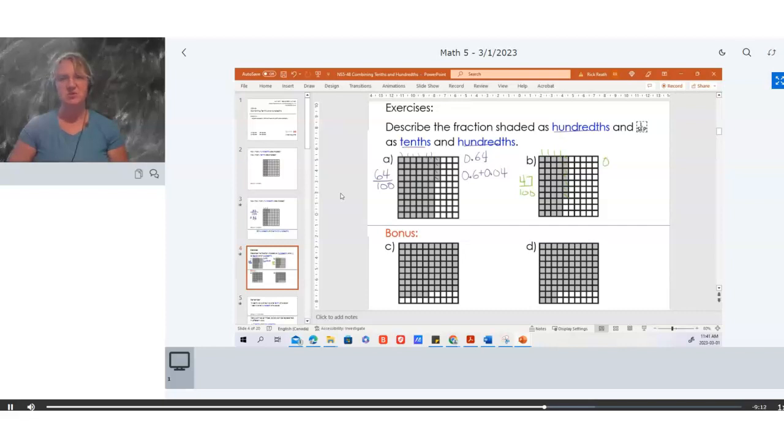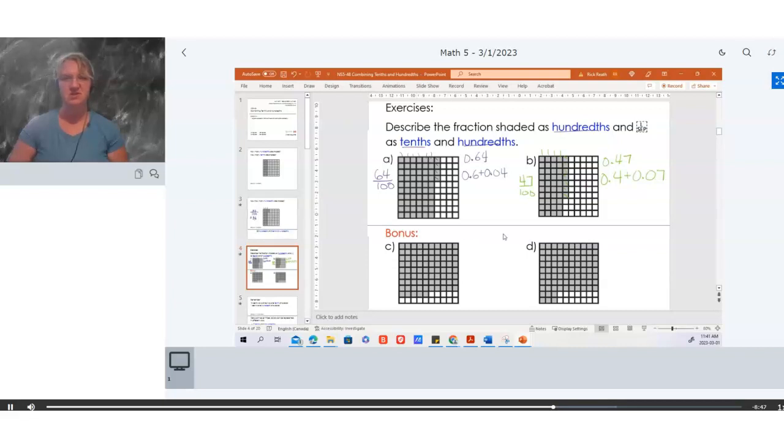To write it as a decimal, 0 and 47 hundredths. To write it as a sum, not a product, we're not multiplying, as a sum of tenths and hundredths, 0 and 4 tenths plus 0 and 7 hundredths.